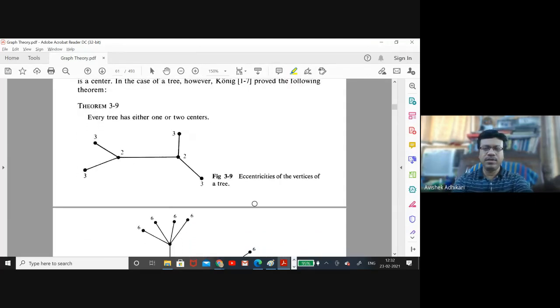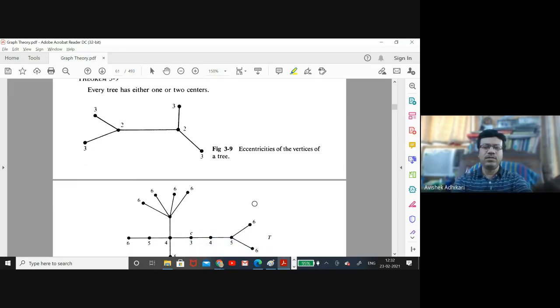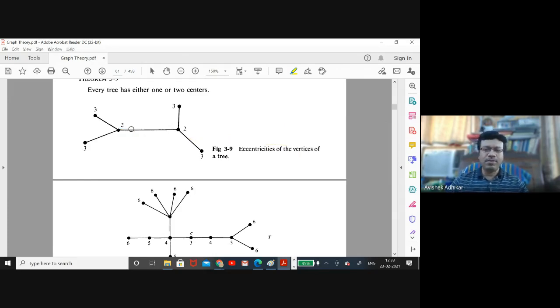Either it would be 1 center or it would be 2 centers. So here you can see that from the image it looks like they could be a center. Here also they could be a center. But you cannot have that in any tree. That's quite interesting.